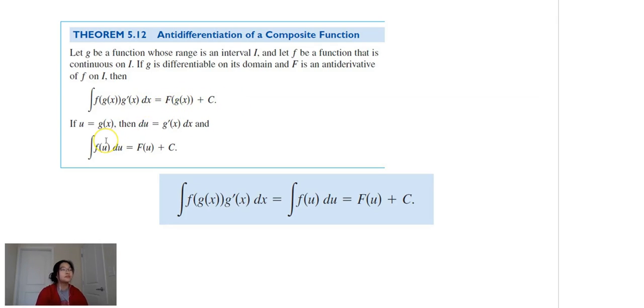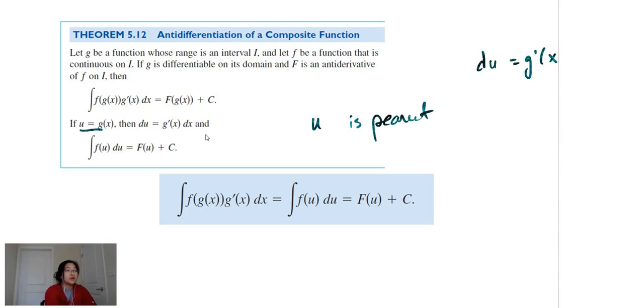So what we're doing here is saying u is the peanut. U is the peanut in our peanut M&Ms. So du is g prime dx, and this du equals g prime of x dx. That is just looking at it as if u is g of x, then du dx is g prime of x.